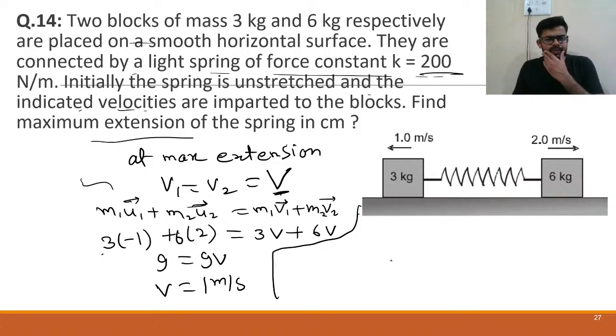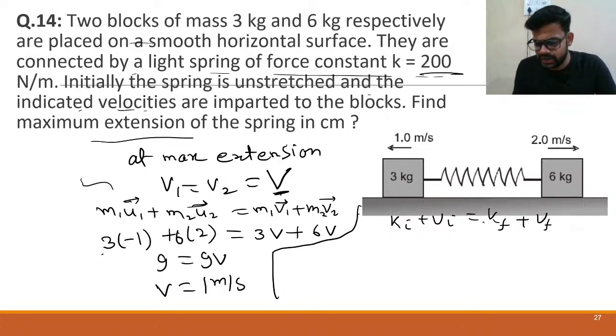What next? Next we need to find what? We need to find the extension, right? We need to find the maximum extension. So what you will do, directly we'll use energy conservation principle. So k initial plus u initial will be equal to k final plus u final. Okay, so let us apply this.